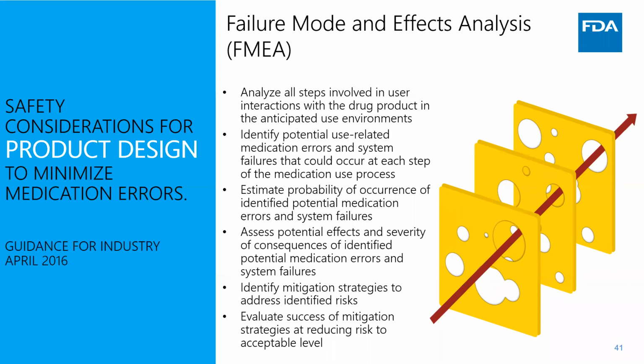FMEA provides an understanding of how the users interact with a product, identifies where errors can occur at each step of use, and assesses the relative impact of different types of system failures that may affect use-related medication error and prioritization of risk. It also identifies mitigation strategies to address the identified risks and evaluates the success of such mitigations at reducing the risk of products to an acceptable level.